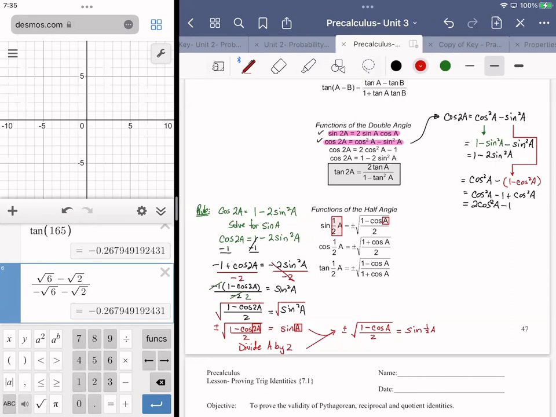And the same process happens when you want to identify the cosine half angle identity. Right? Except you would start with the rule where cosine of 2a is equal to 2 cosine squared a minus 1 and solve for cosine.